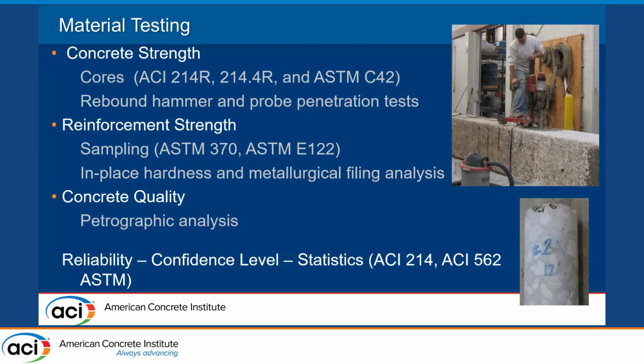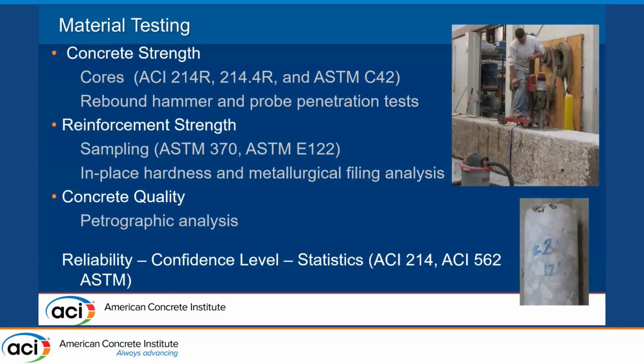Well, you can't take cores all over the place. So at least I have found that rebound hammer, probe penetration tests are really good for getting a general idea of uniformity of concrete around a structure that can limit the amount of cores you have to take in different places. In reinforcement strength, yes, you do have to sample.